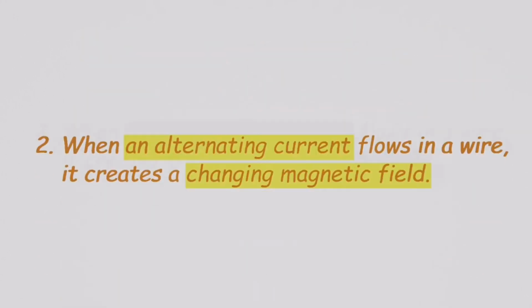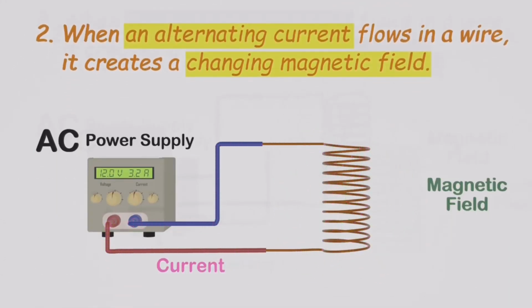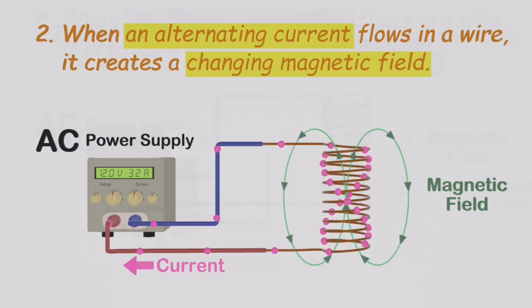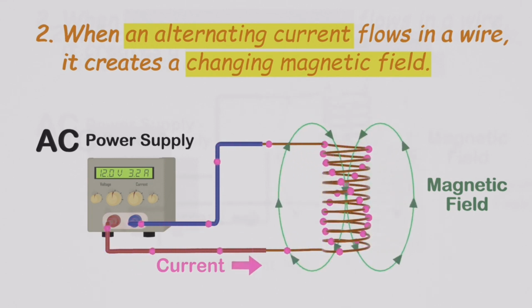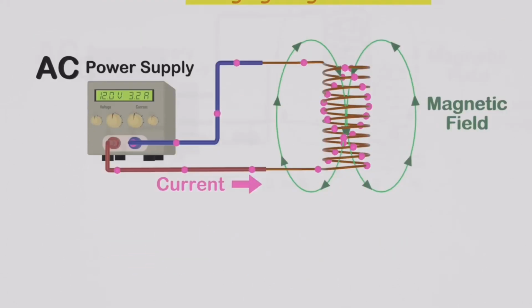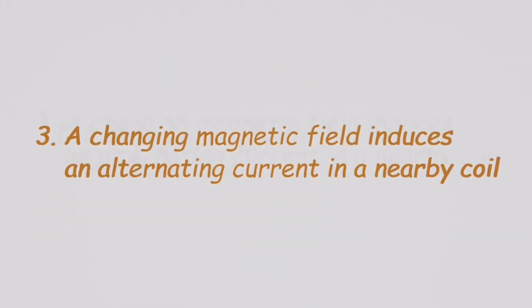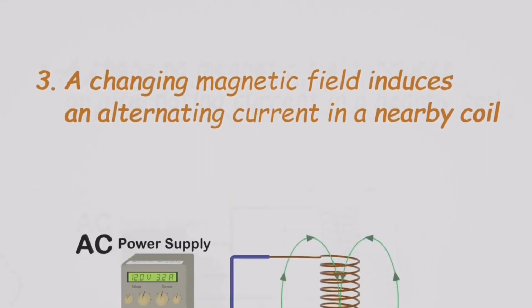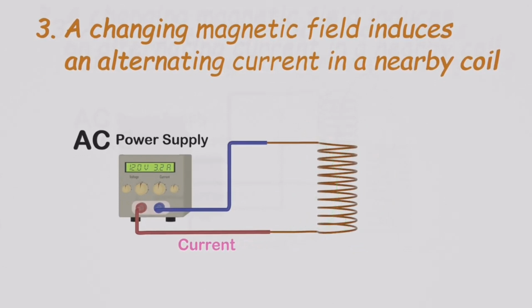But if the alternating current flows in a wire, it creates a changing magnetic field. Finally, a changing magnetic field induces an alternating current in a nearby coil through a process known as electromagnetic induction.